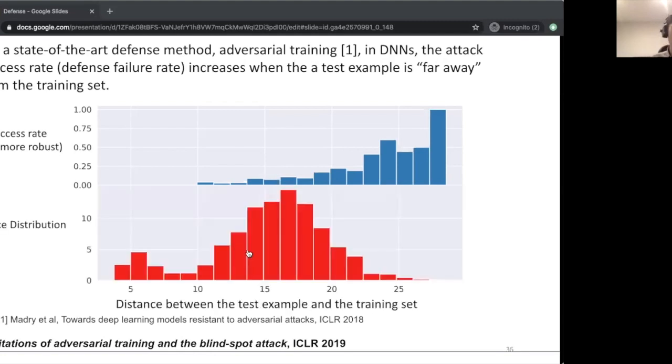And here the bars show the distance distribution in the test set. We can see that most test examples are relatively close to the training set, but the test examples which are vulnerable are in the long tail of this distribution.